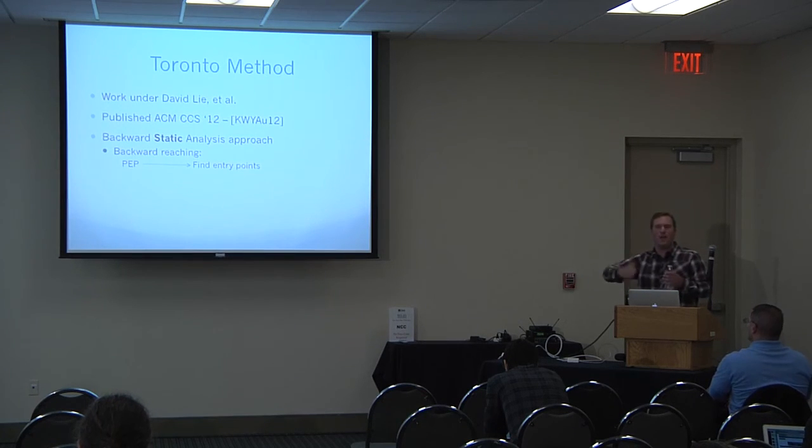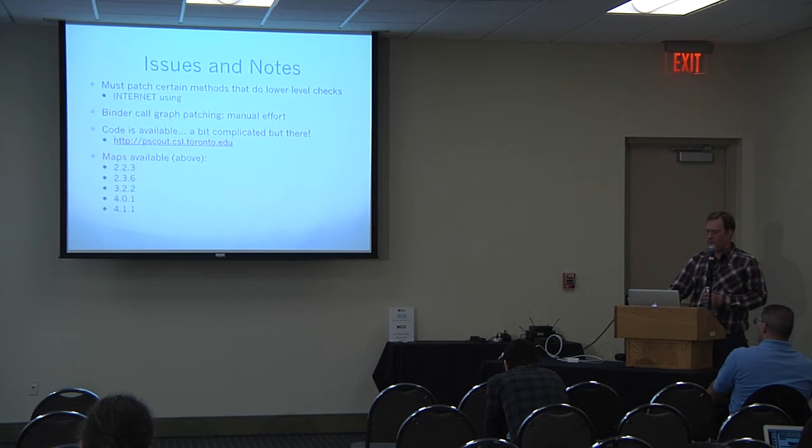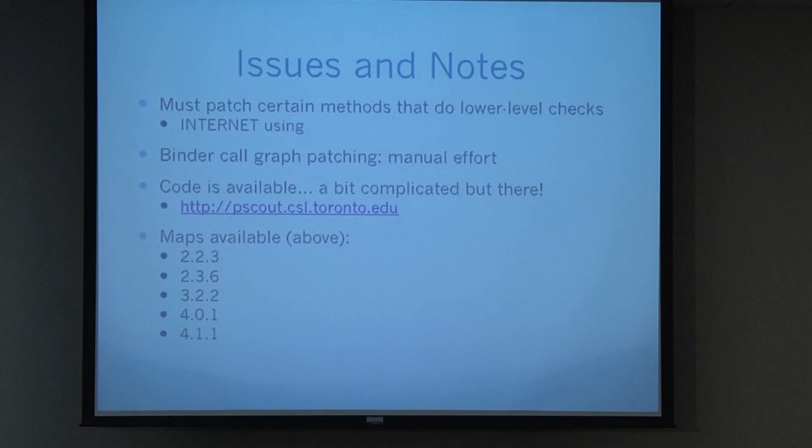If they are, they're added to the map, et cetera, and iterate through. They actually do publish their code and some maps. PScout is pretty good. I've gone through it. It's a little bit complicated, but as many of these are, you're dealing with a large source base, a large jar file, a lot of code. They provide maps for those as of last week, and I'm out of time.